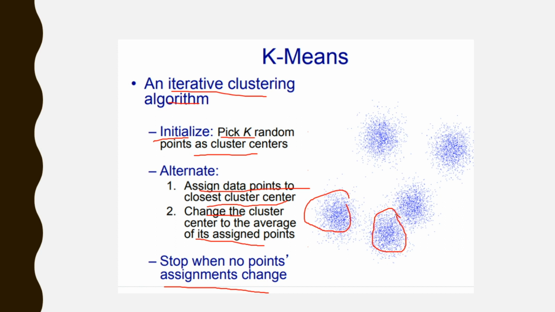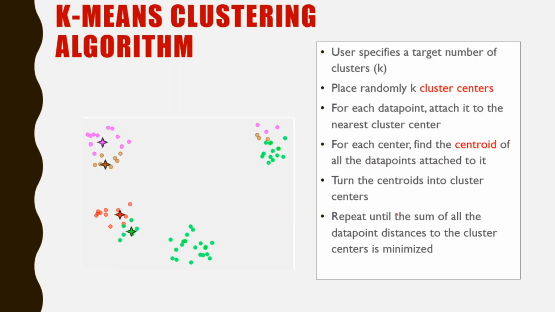So it is an iterative process. We identify the number of clusters by k. K indicates the number of clusters that are going to be formed, and we perform an iterative collection of data, grouping together. As a glimpse of the k-means clustering algorithm: first, it allows the user to specify the target number of clusters, that is k. Then the cluster centers are randomly placed.